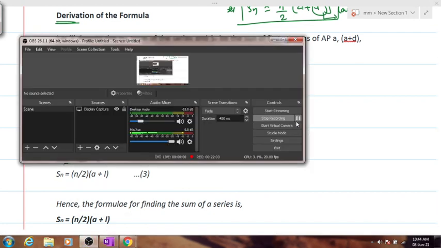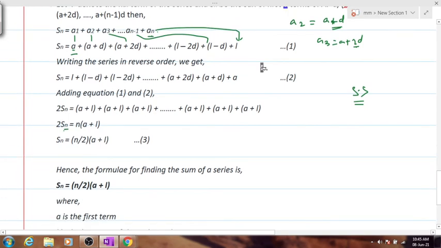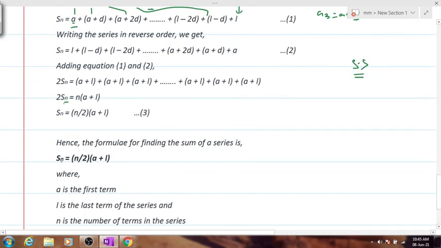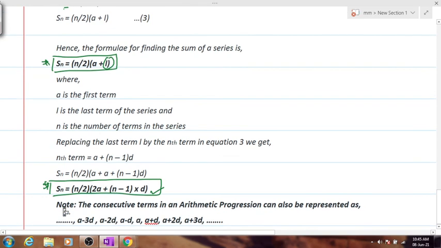I hope people have understood this properly. The bold-written one was the derivation, and when you substitute in place of L, we get Sn is equal to n by 2 into (2a plus (n minus 1) into d). I hope people have understood the derivation of both formulas. Yes or no? Confirm everyone.